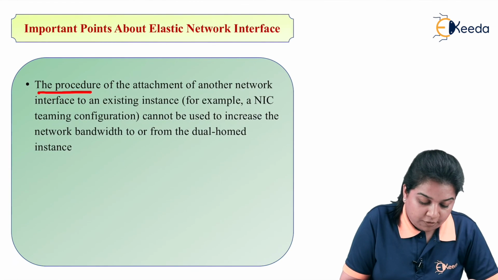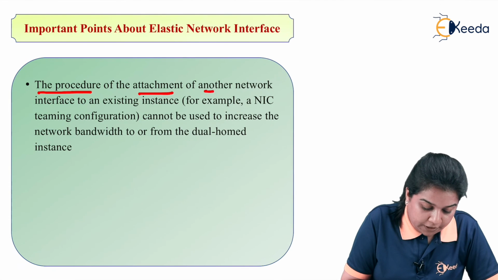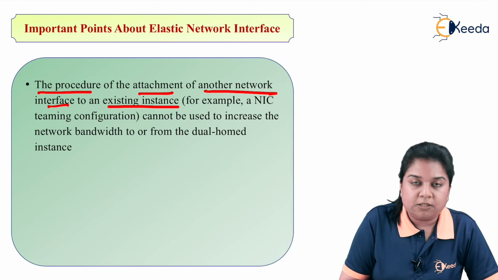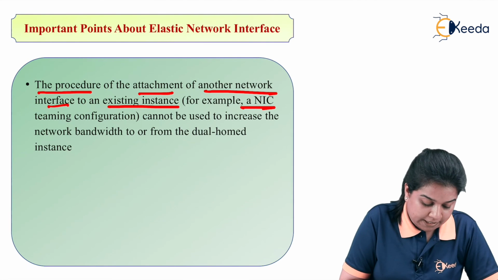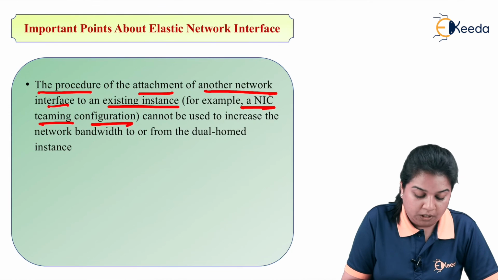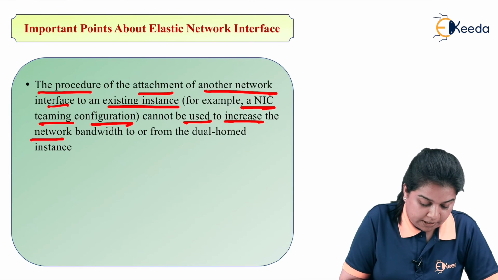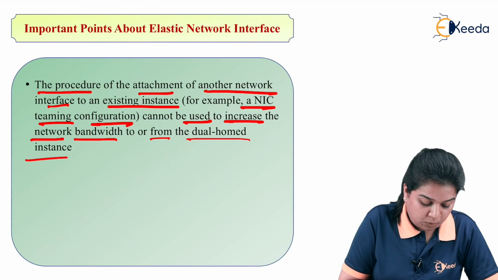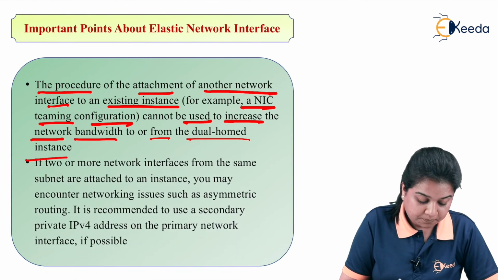The procedure of attachment of another network interface to an existing instance, for example a NIC teaming configuration, cannot be used to increase the network bandwidth to or from the dual-homed instance.